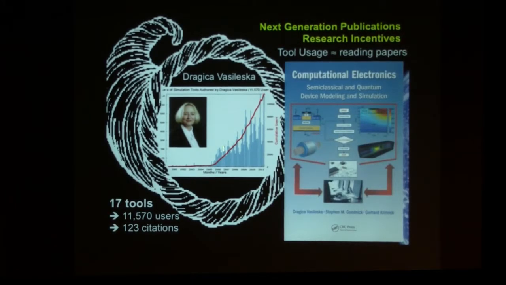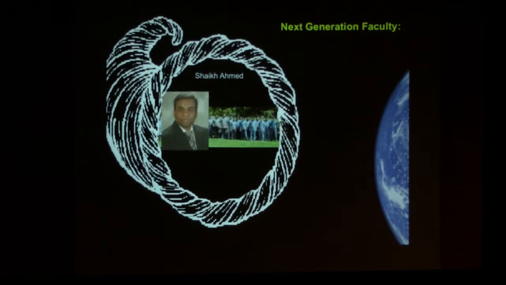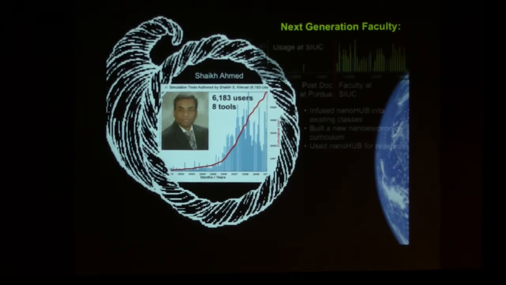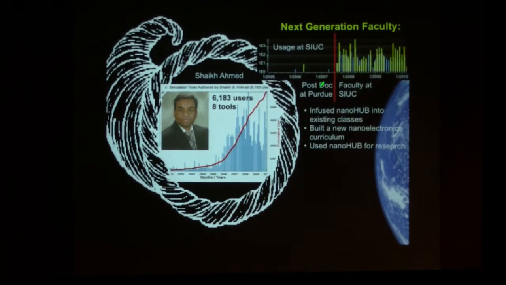And then sort of a little bit of advertisement, we just wrote a book with her on computational electronics that embraces these tools that are on nanoHUB, so we start writing books around these tools as well. Here's a younger person, he's a former postdoc in my group of students. In his time, he published some 8 tools, served some 6,000 users over the years, and eventually he became a faculty member at Southern Illinois, and there was no activity in terms of nanoHUB at Southern Illinois until he arrives, and some of the activities show up from that side.